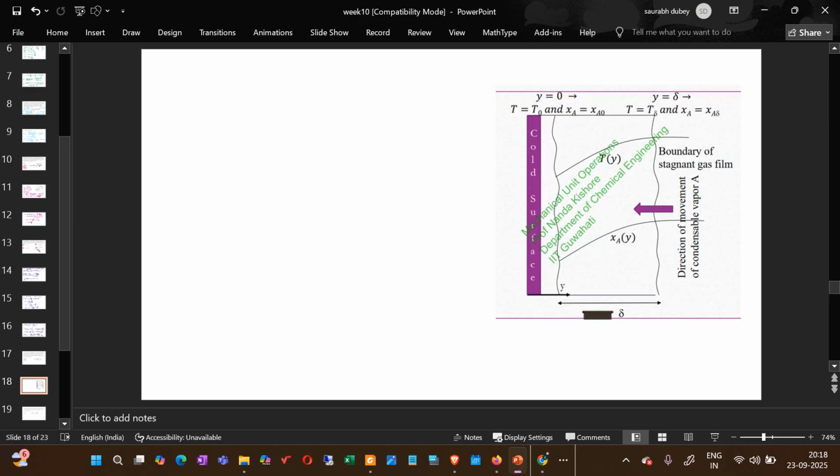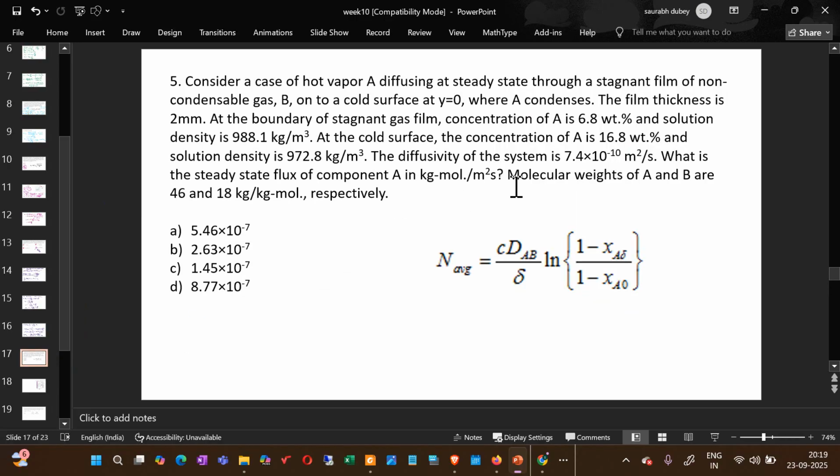Okay, so here, if you want to calculate x A naught, it is given as 16.8%.